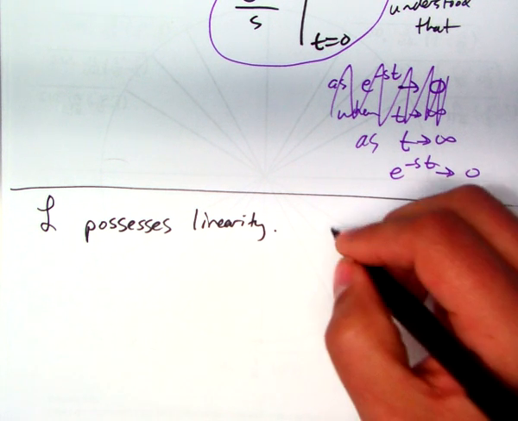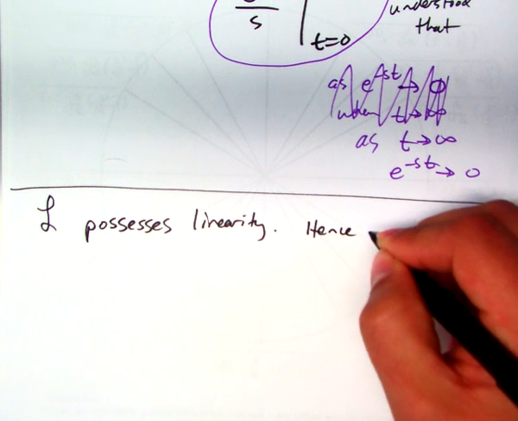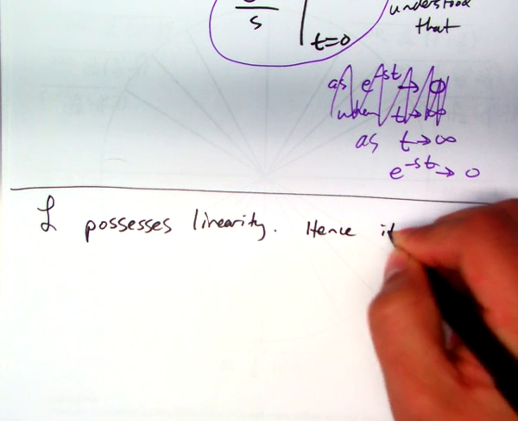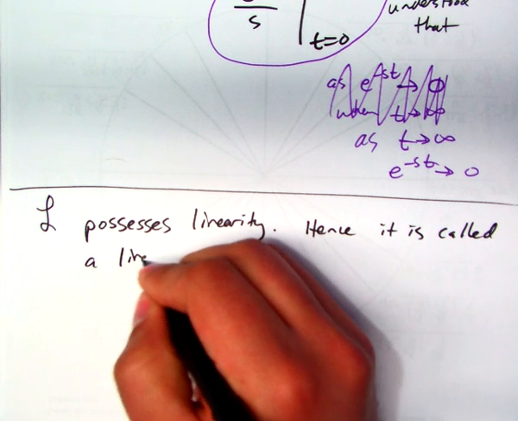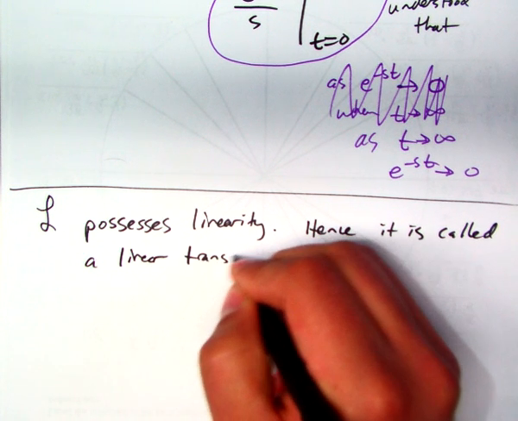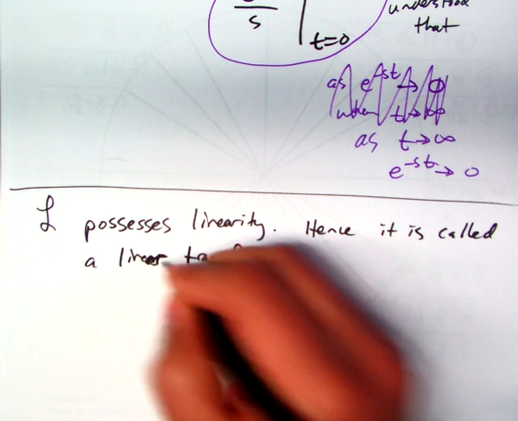This is why it's called a linear transform, or operator.